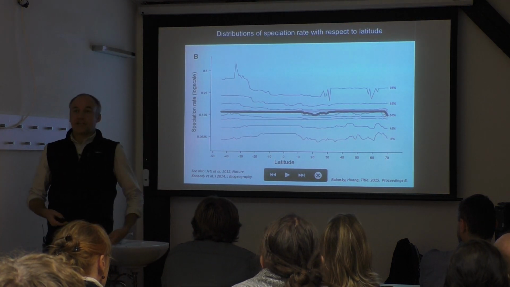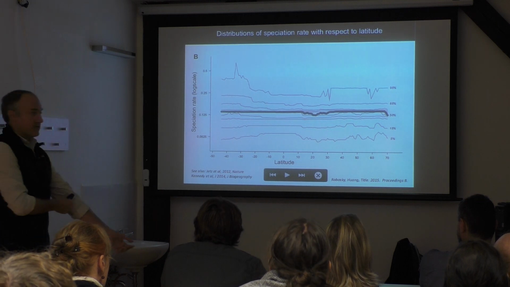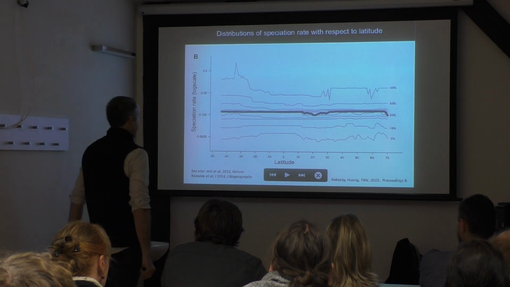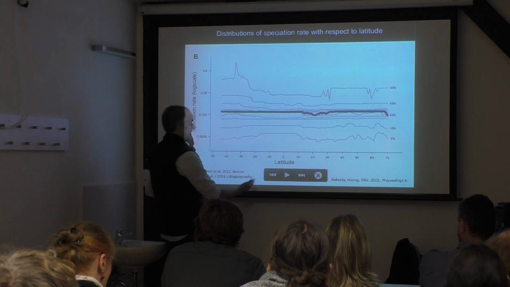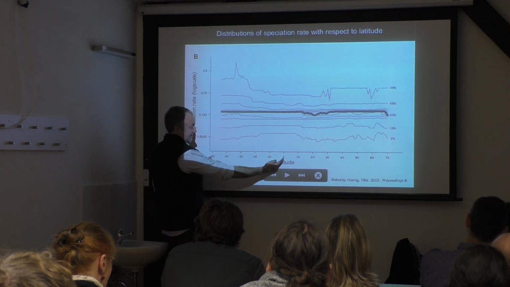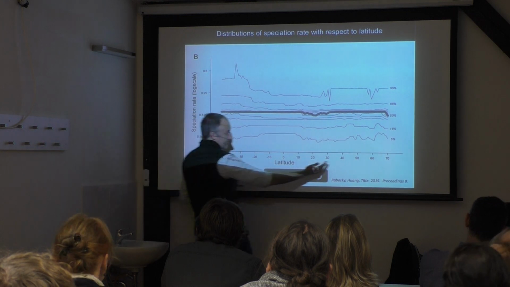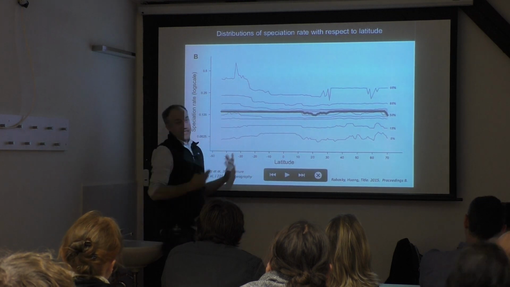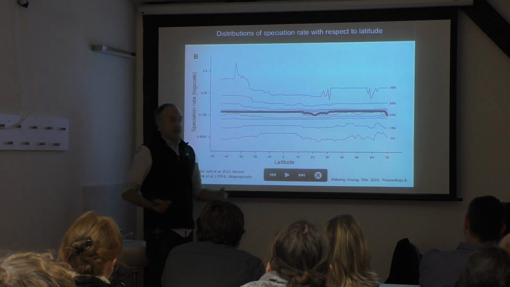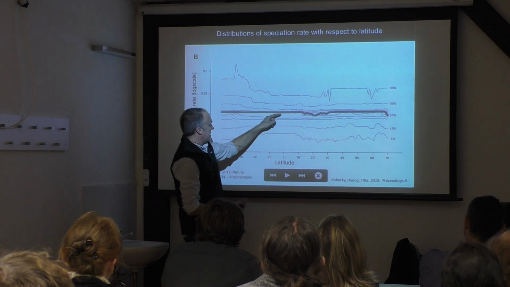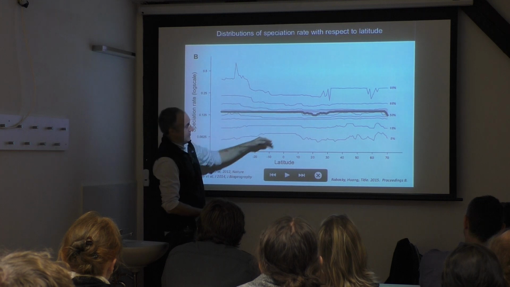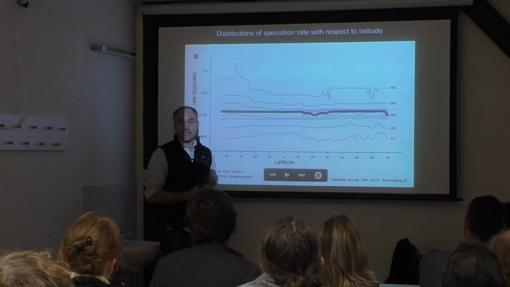This is the relationship between speciation rate reconstructed across all New World birds and their latitude. What you're seeing here is latitude on this axis. This is the equator, these are high southern latitudes, and these are high northern latitudes. This is basically averaging the speciation rate and looking at the median speciation rate and a bunch of quantiles of the distribution for all the species of birds that breed at different latitudes.